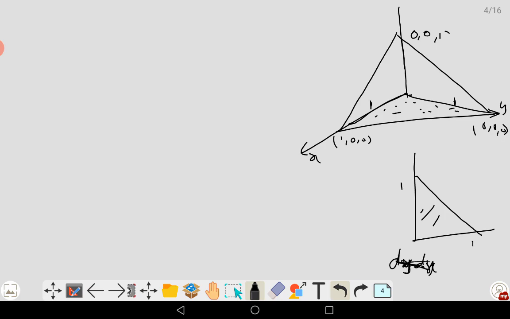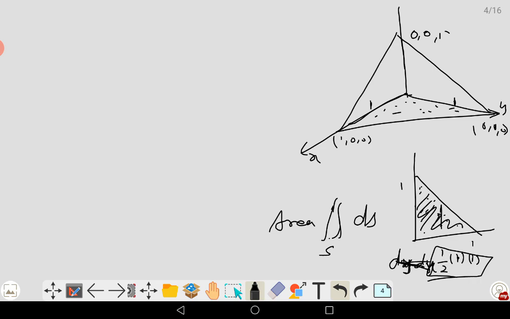When you integrate over this, you are finding the area of this triangle. When I write the double integral of ds over s, this is the formula for the area of this triangle, which is half. You can still go ahead with a horizontal strip or vertical strip, but the easiest method is half times height 1 unit times breadth 1 unit. That should be remembered.